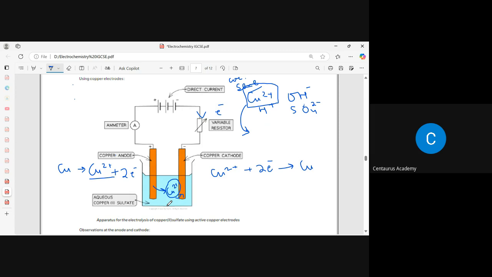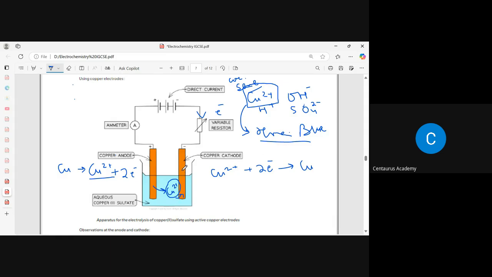Don't you think that the color of the electrolyte is basically dependent upon the concentration of the copper 2 plus ions present within the electrolyte? Yes. So if the concentration of the copper 2 plus ions is not changing, the color also remains the same, that is blue. Neither does it darken nor does it fade away. It remains the same.